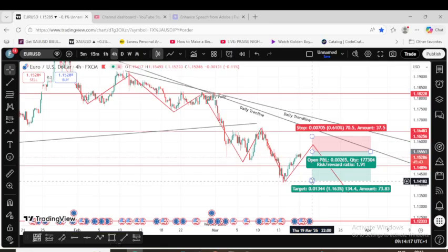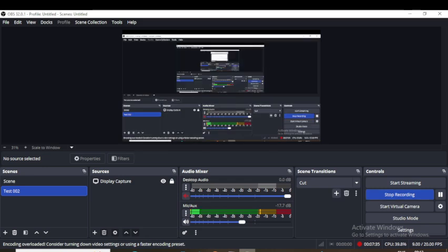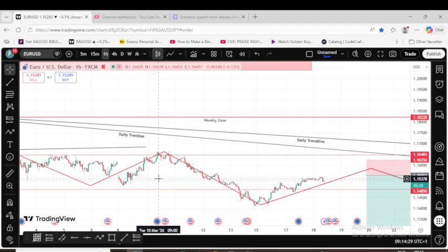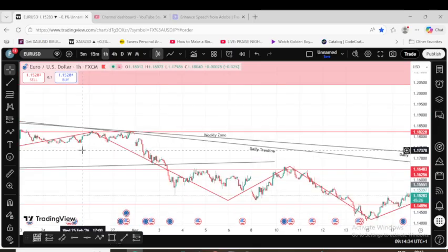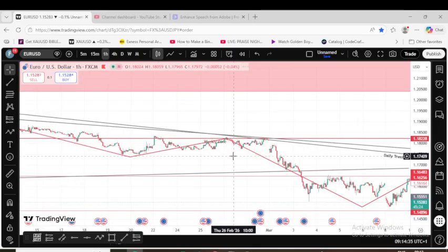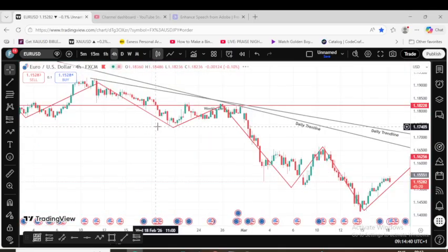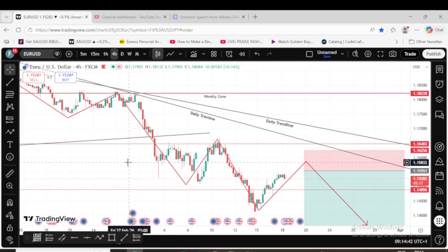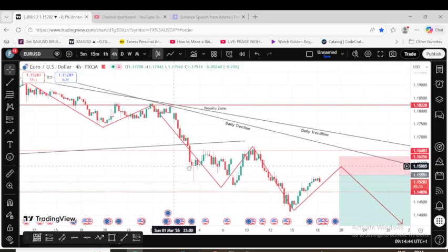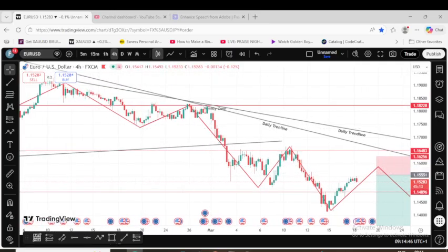But before we go any further, let's go down to the 1-hour time frame to see some more details. Here we have a head and shoulders, a range.